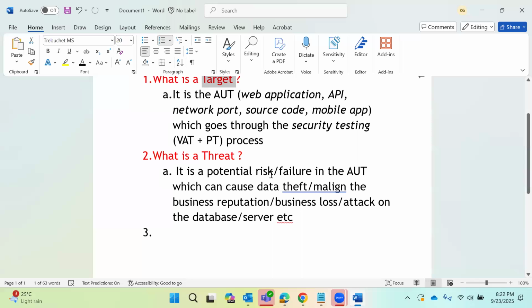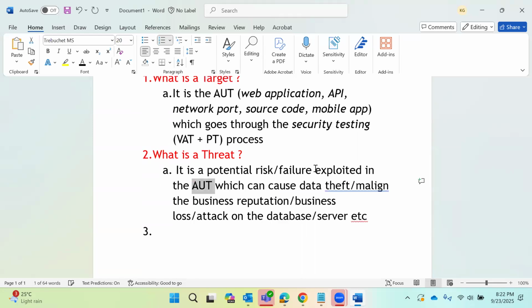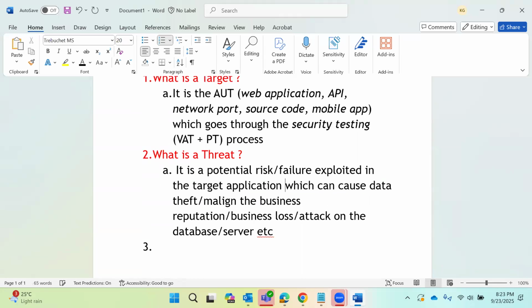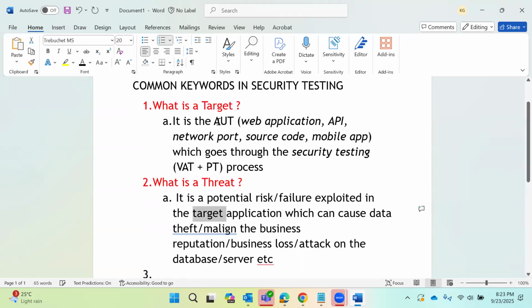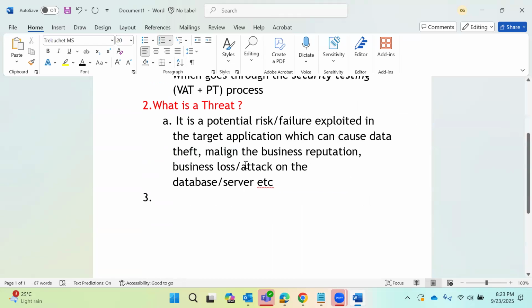So I will say it is a potential risk or failure exploited in the target application, which can cause data theft or malign the business reputation, or it can cause business loss or increase the attacks on the database or on the server, etc. So that's what I mean by threat.